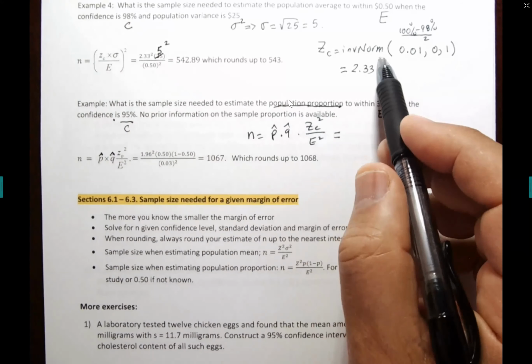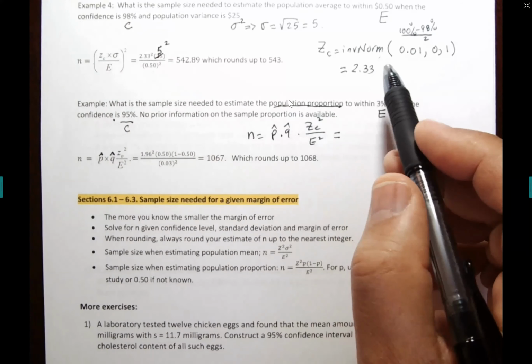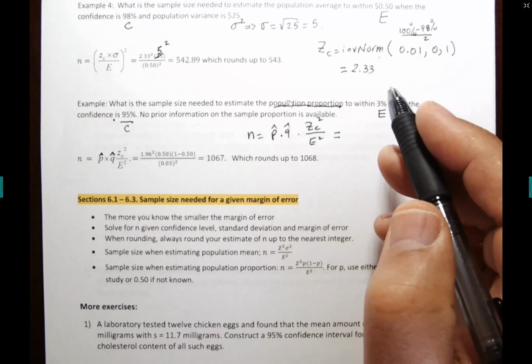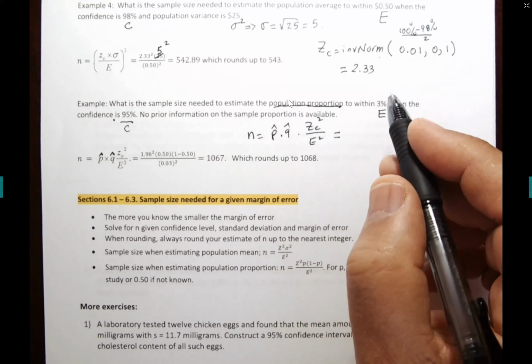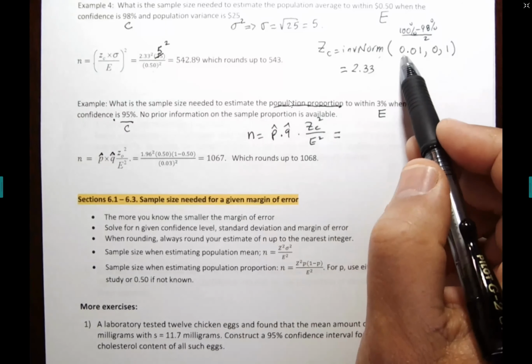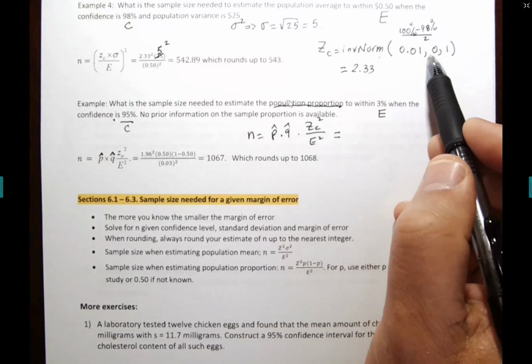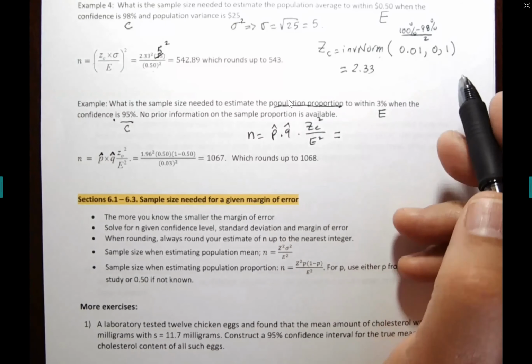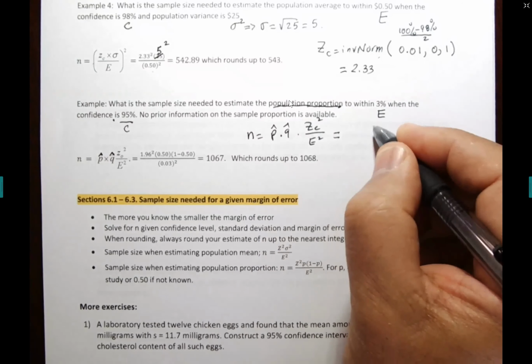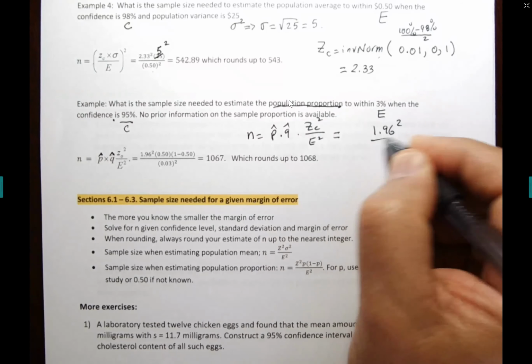You could do it just like I did here. Take 100%, subtract 95%. You get 5%. Divided by 2, you get 2.5%, which is 0.025. And you run inverse norm at 0.025, comma 0, comma 1. That will give you 1.96 squared. Margin of error, 0.03 squared.